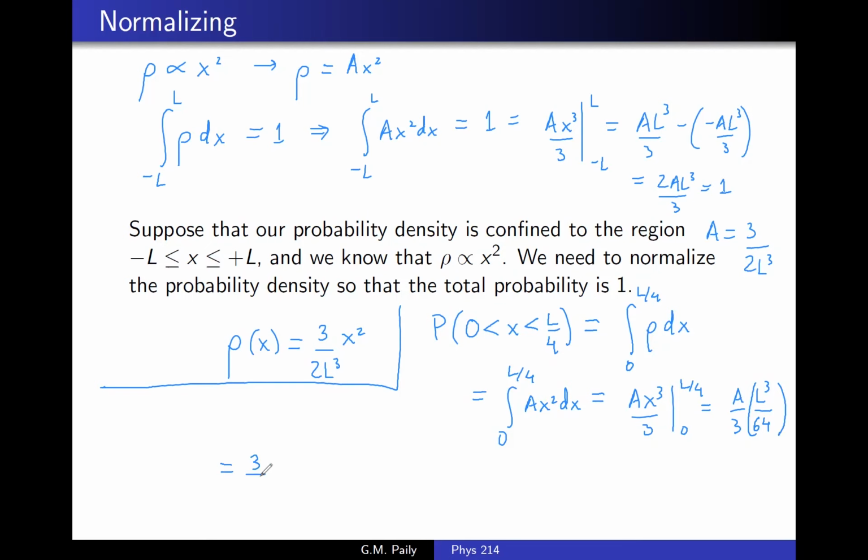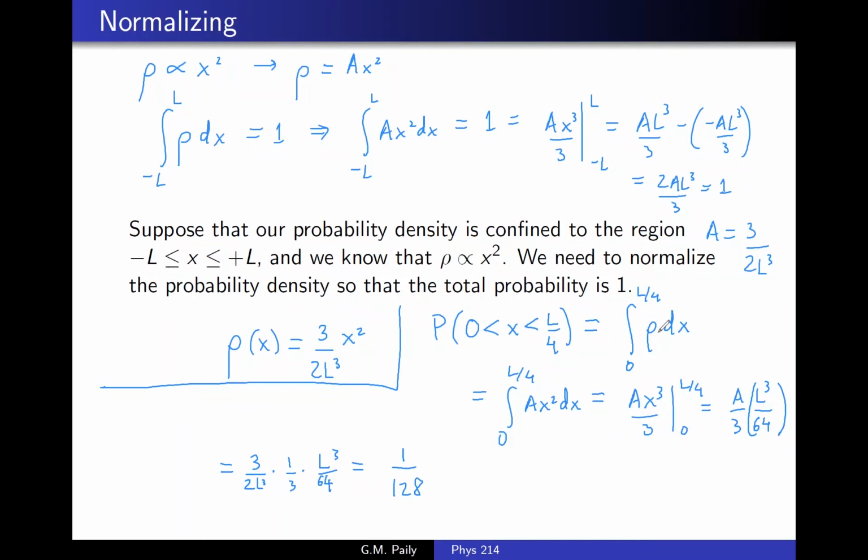So I have 3 over 2 L cubed, and then times 1/3, and then times L cubed over 64. The L cubes cancel out, the 3's cancel out, and I get 1 over 128, which is a pure number, which is what you want for a probability. You don't want any units in there, you want just a pure number.